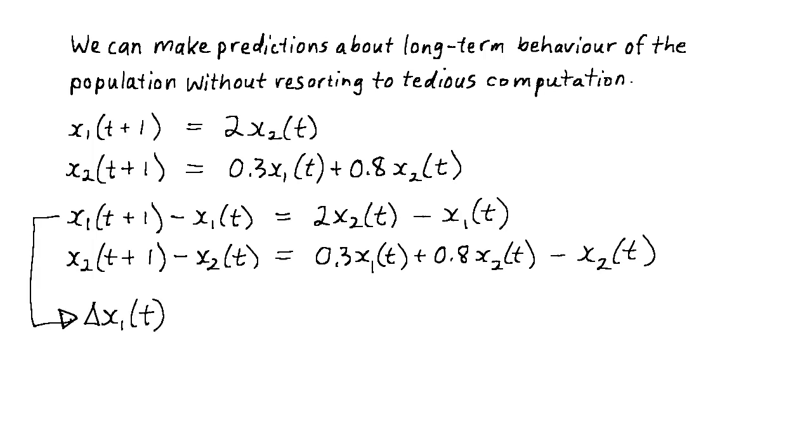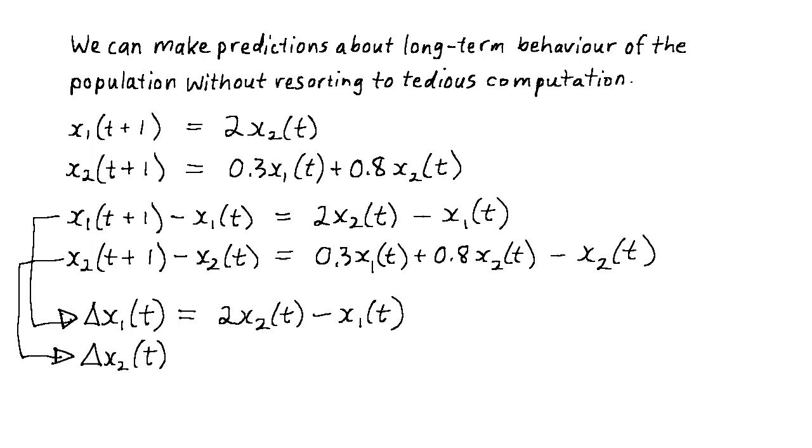If delta x1 of t denotes the change in x1 that occurs during year t, then we see that this change is equal to 2x2 of t minus x1 of t. Similarly, if delta x2 of t denotes the change in x2 that occurs during year t, then we see it is equal to 0.3 x1 of t minus 0.2 x2 of t.